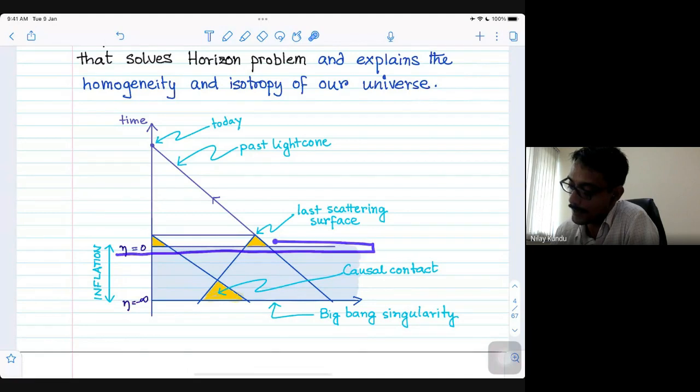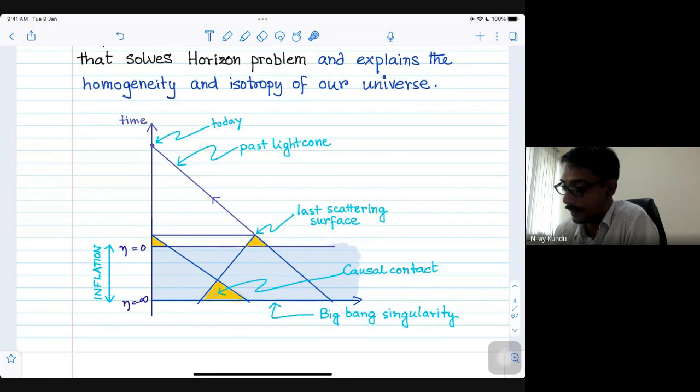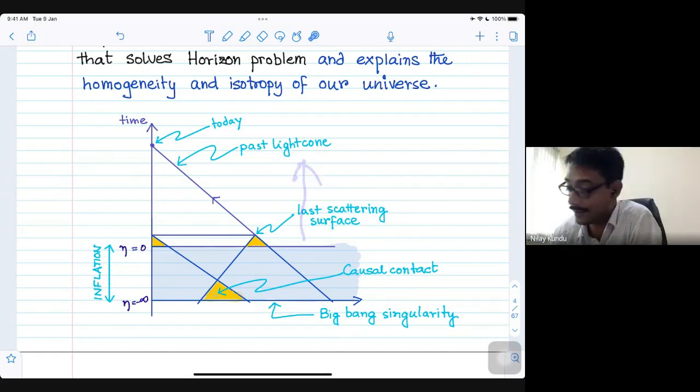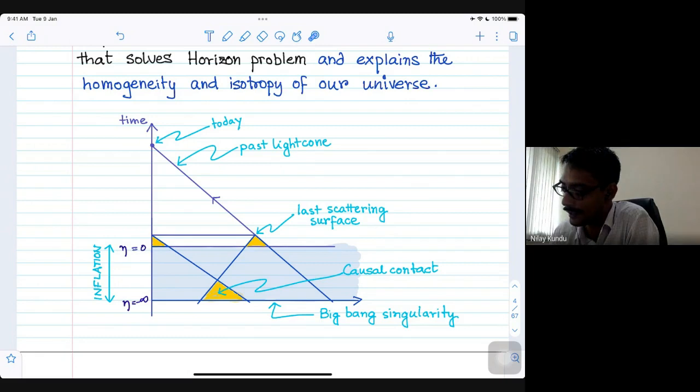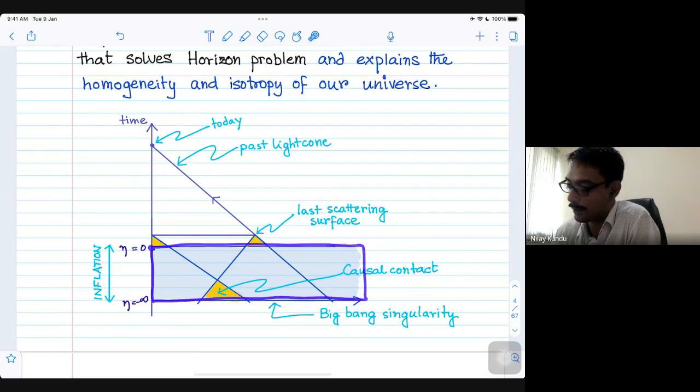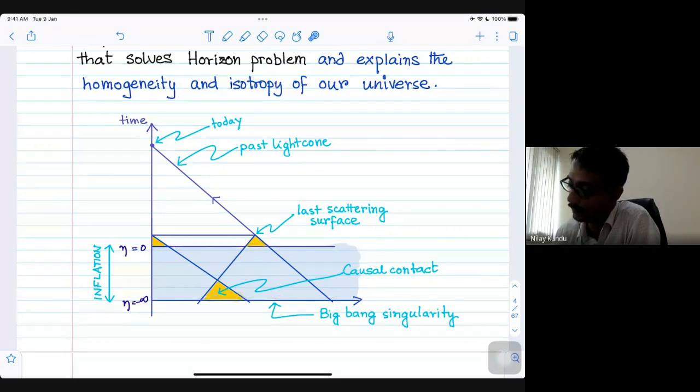Inflation is an idea which tells us that this Big Bang at this slice, from which the standard Big Bang cosmology started, the radiation dominated or matter dominated era, was preceded by some very tiny time for which it kind of stretched the Big Bang singularity from this point to this point.